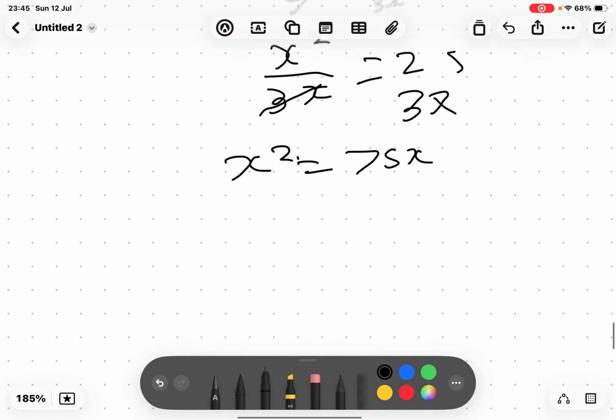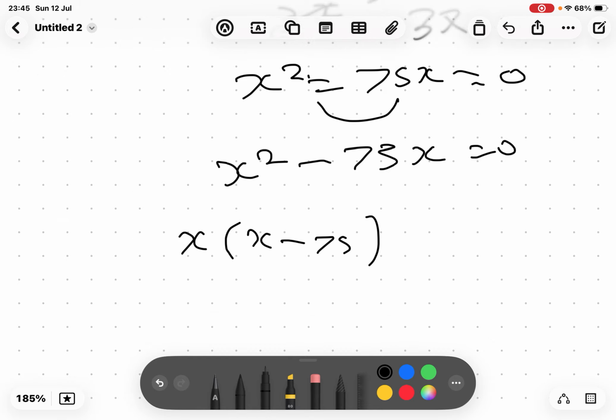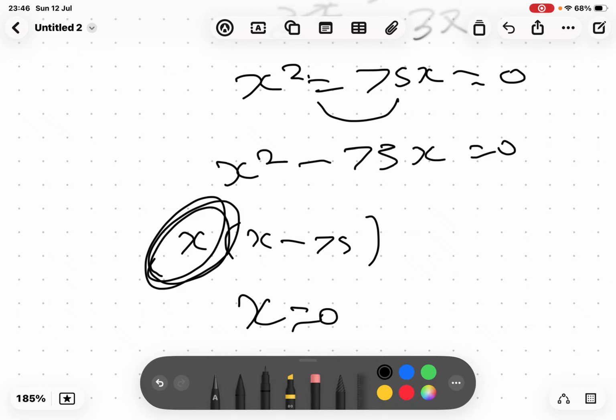And so after this we have to use the bracket thing. So we have to make it equal 0. x squared minus 75x equals 0. So we use a single bracket. So we have either x equals 0 or x equals 75.